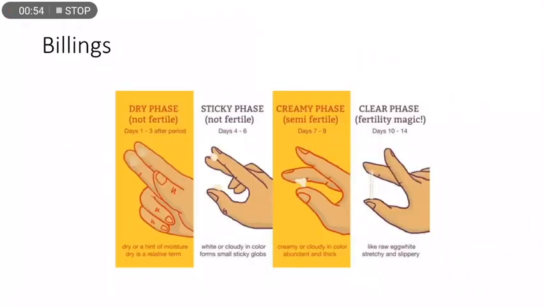The Billings method is pretty good as far as I know. It's kind of okay, nothing much. The Billings method is fine. The symptothermal method is the best method, but it itself has a lot of contraindications. We'll get into that a bit later.